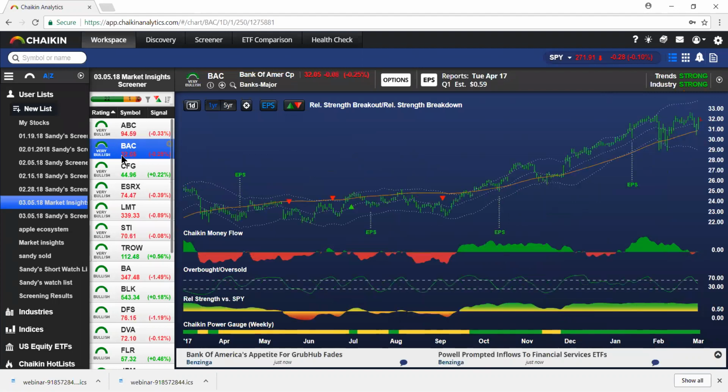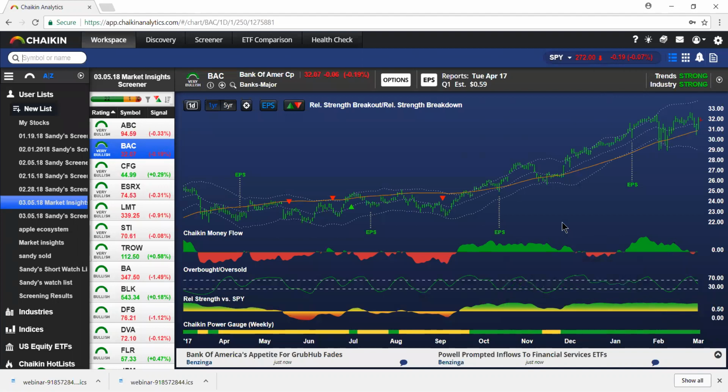Going to Bank of America. Okay, so what I'm looking for is that classic bull setup. I like to put on my watch list stocks that have a pretty consistent trend line, like you see here: consistent power gauge rating, persistent relative strength, and good money flow.